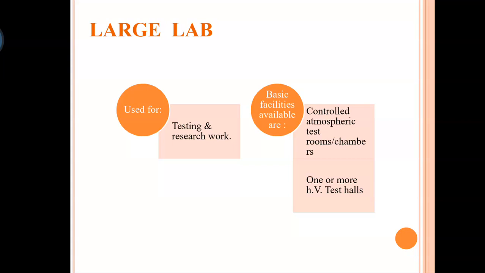The personnel connected with such a laboratory will include a director or manager, a few group leaders and section heads separated by research, testing, measurements, electronics and computer facilities, etc. In addition, there will be supporting staff comprising test engineers, technicians, librarians, office staff and skilled and semi-skilled workmen.